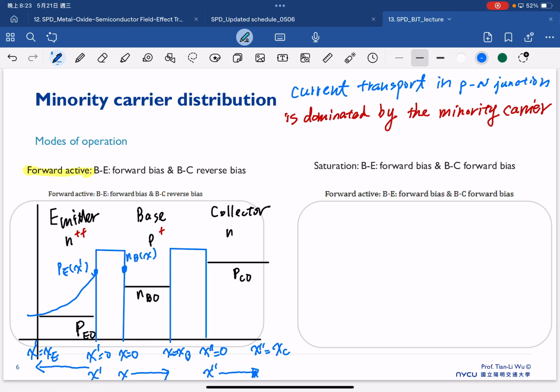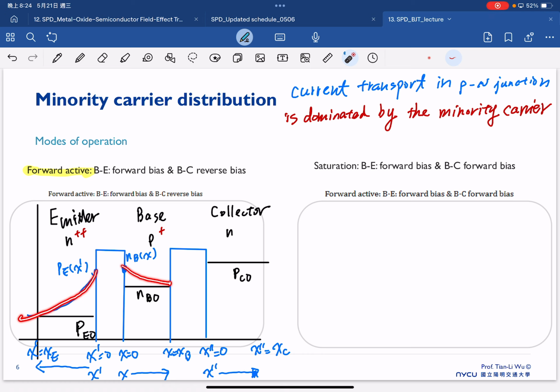Ideally, if we consider only one PN junction, it should go this way. If you go back to check the PN junction, when we plot the minority carrier under forward bias, we have this distribution here. That's when we consider only one PN junction.